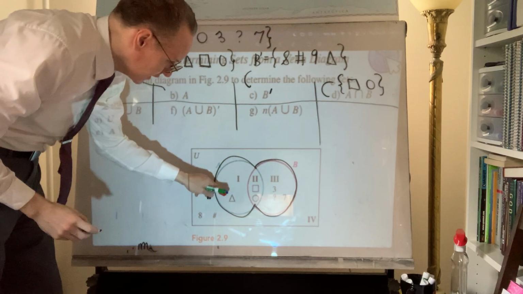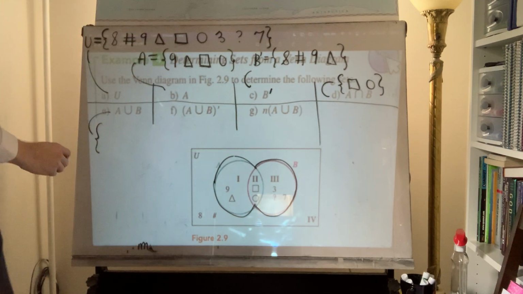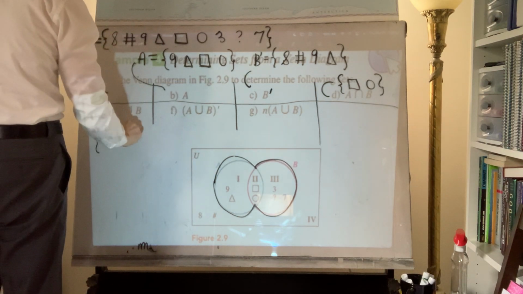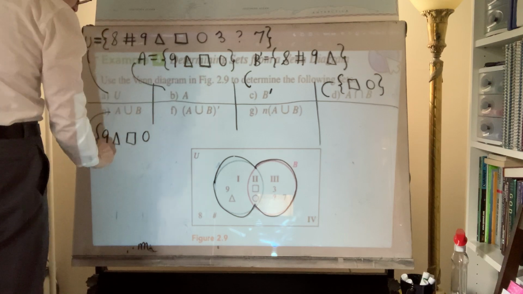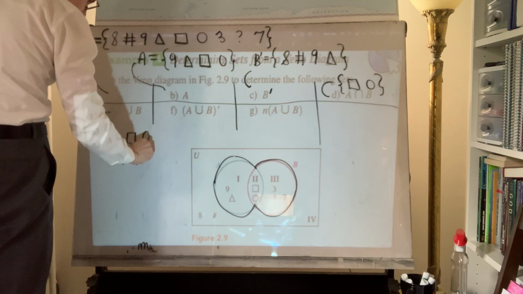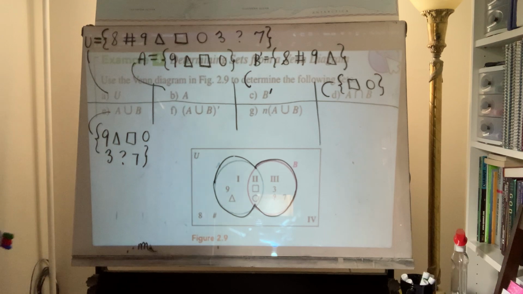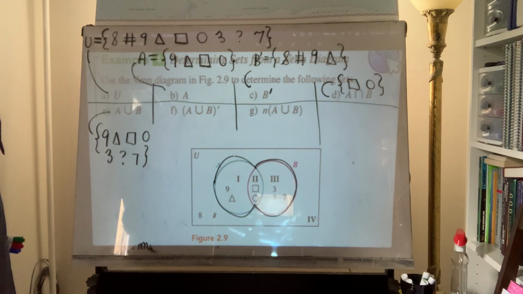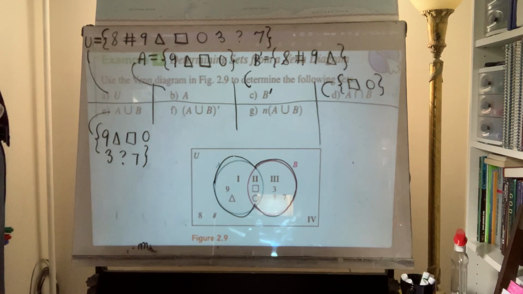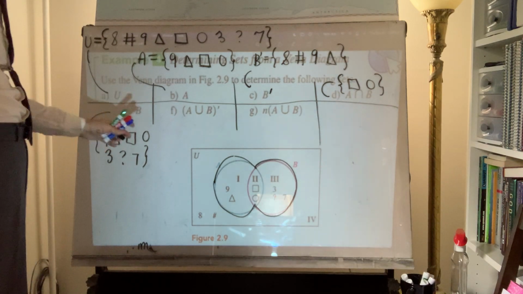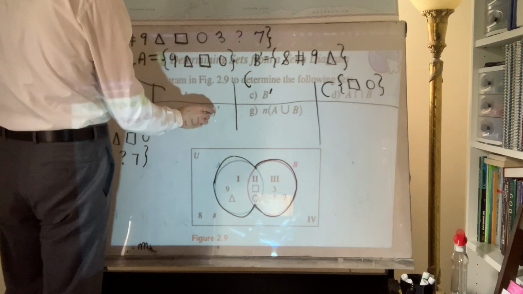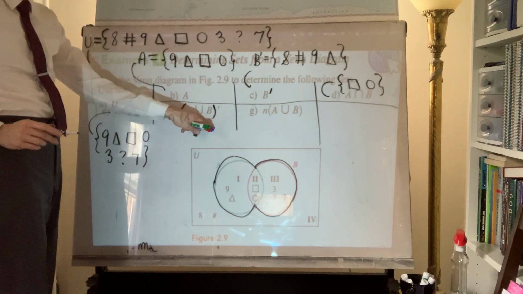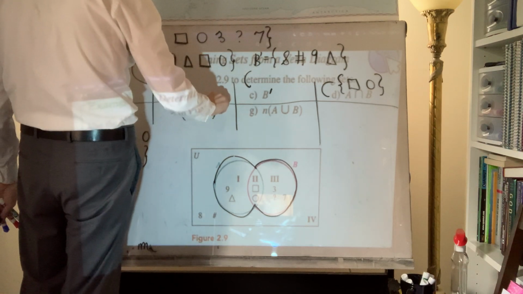The things that are confined within the figure 8, 9 and triangle, square, circle, 3, question mark, and 7 in that sort of order, and you could rearrange it to make it a little bit more strategically organized, would be the union, of course. Now, notice what you have here. You have the union, but then you have the union confined within parentheses, and then a tick mark on the outside.